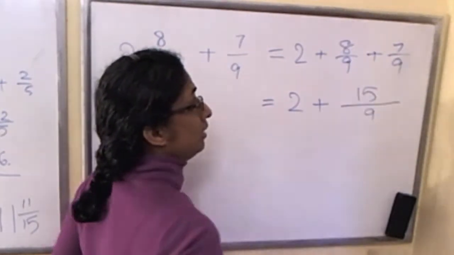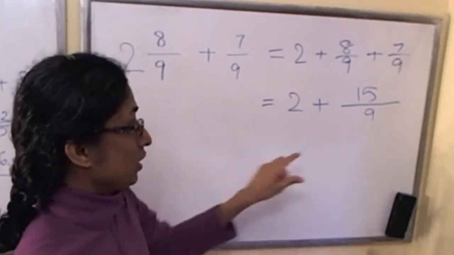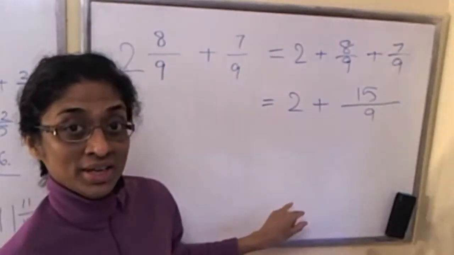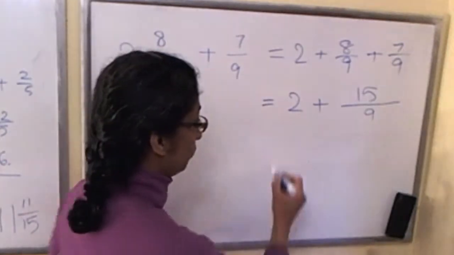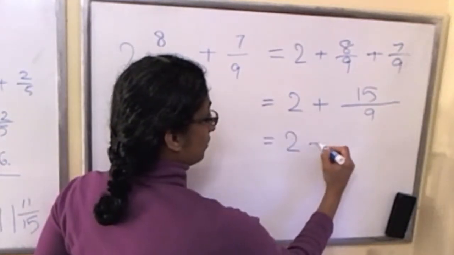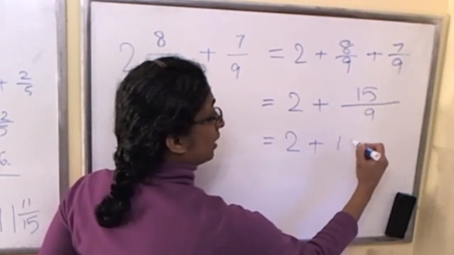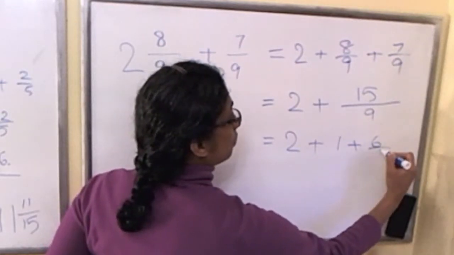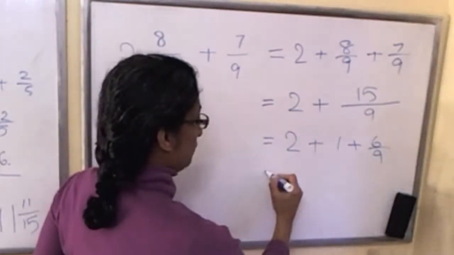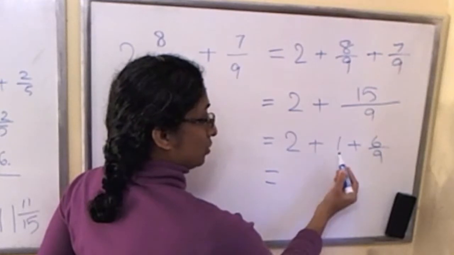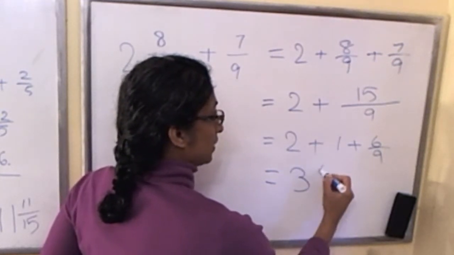which we get 15. Now, be careful, we cannot condense this into a mixed number yet because we do not have a proper fraction here. So we can rewrite 15 over 9 as 1 plus 6 over 9. So that gives us 2, now you can add 2 and 1, we get 3, and 6 over 9.